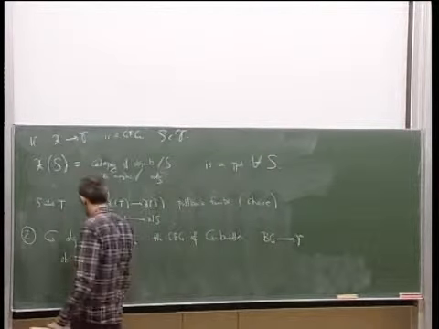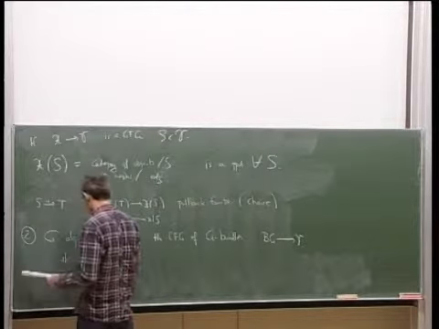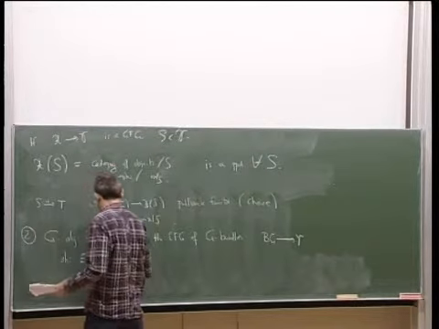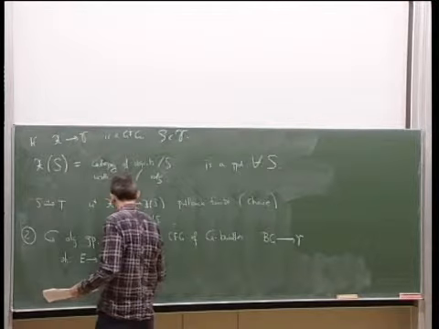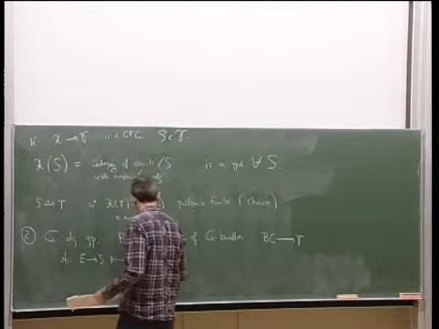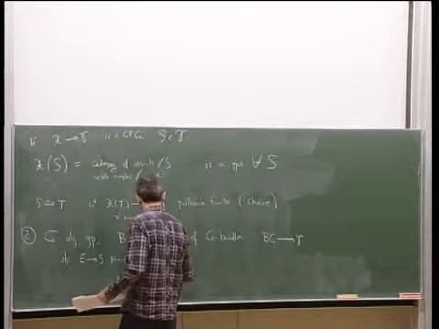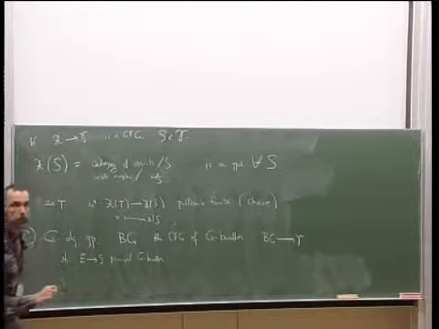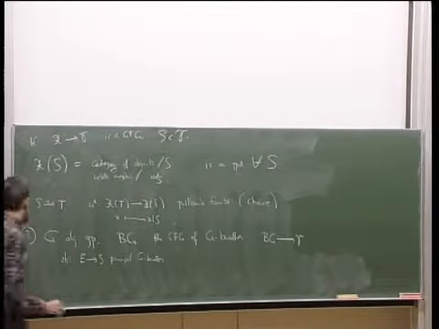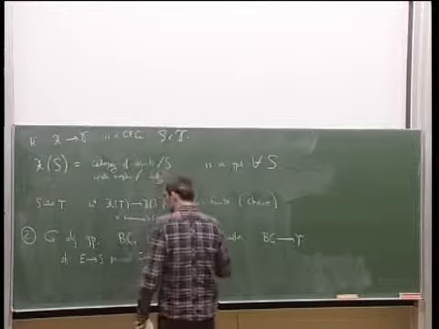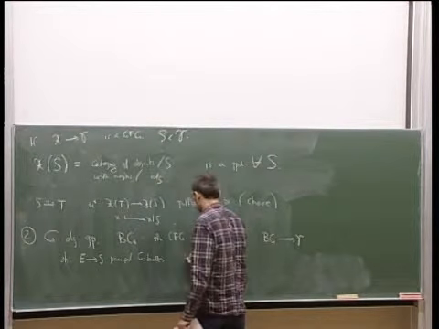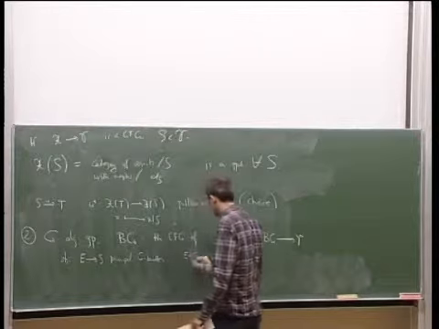So the objects, these are principal G bundles, E over S. So let's say they're on the right.